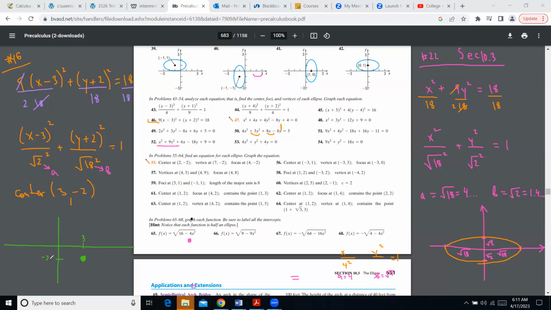And then I will be approximating radical 2 for a. So I need to go to the left and to the right by like a half distance. That radical 2. And a square root 18, which is 4 and a little something. So it'll go up and down a little bit farther. Like that. And then we get the graph of the ellipse here.